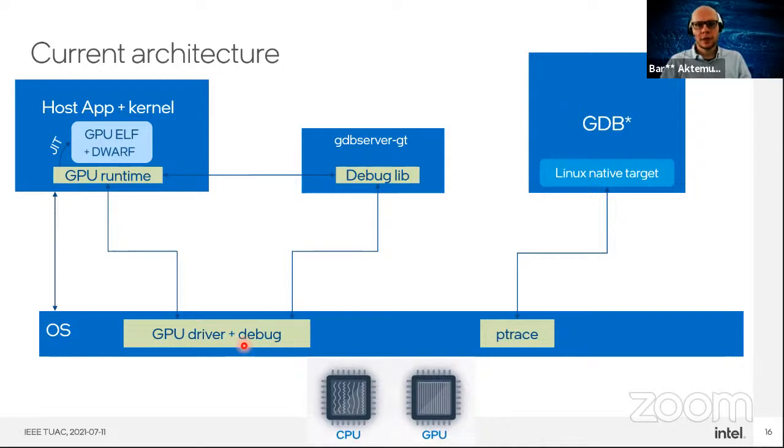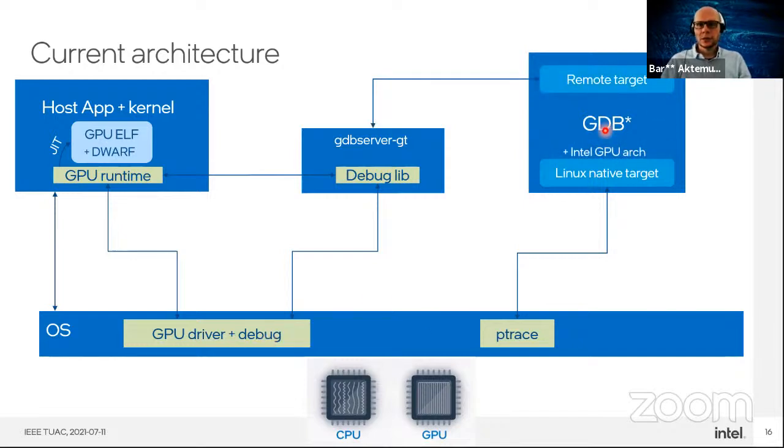And through this debug driver, just like using ptrace for the CPU, it's able to control the GPU. So it receives exceptions, it receives interrupts, it's able to peek and poke the memory or the state. It's able to resume threads and so on.